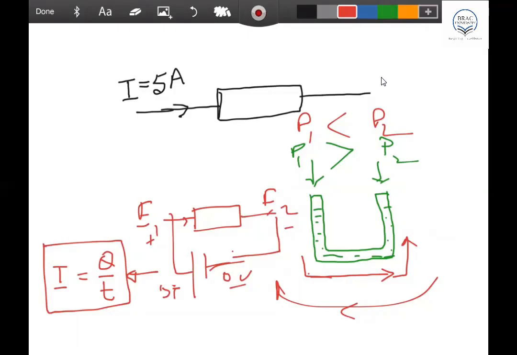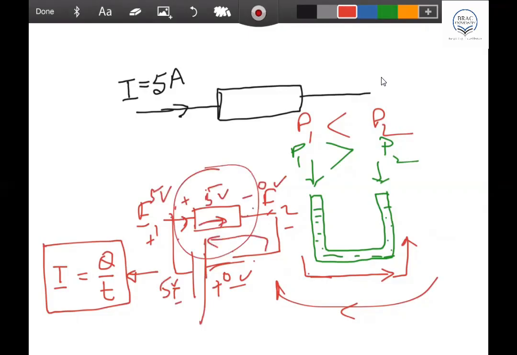But if you change the polarity of the battery, so this one is bigger and this is smaller, then it will flow in the opposite direction. So we can say the potential difference is just the difference of voltage across the conductor that causes the current flow.